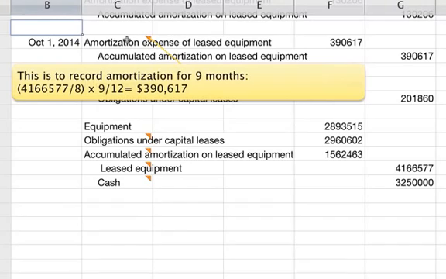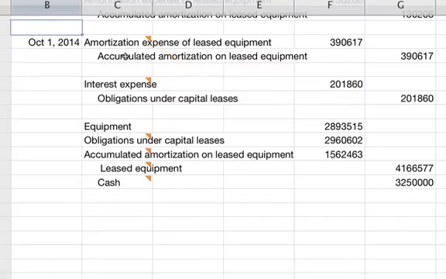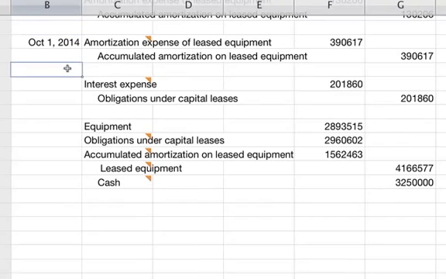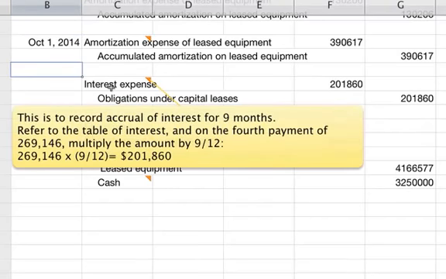So you take the $4,166,577 divided by 8, times 9/12, and that gives you $390,617. Then you have accumulated amortization on leased equipment of the same amount, $390,617. On that date, you have interest expense. This is to record the accrual of interest for 9 months up until October 1st in that year.